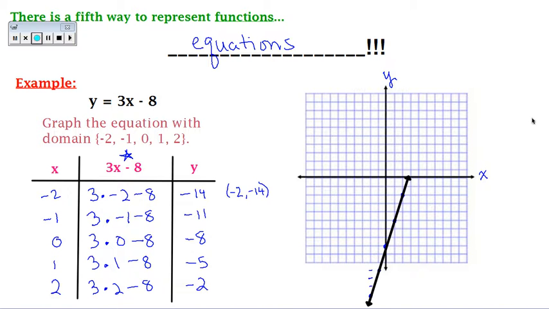The nice thing is, a pro tip, if it's not a line, you messed up. So your pro tip for this type of thing is that it should always be a line. If it's not a line, you messed up.